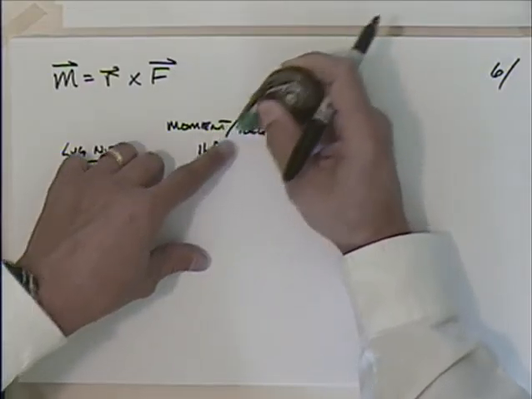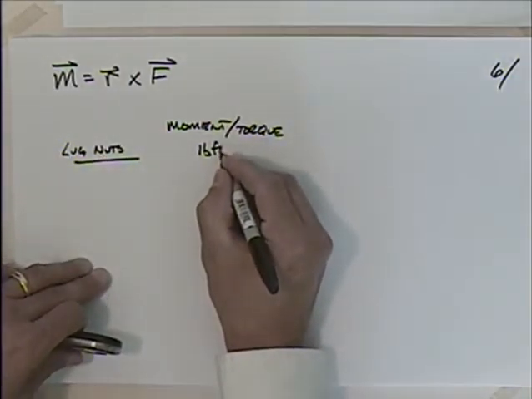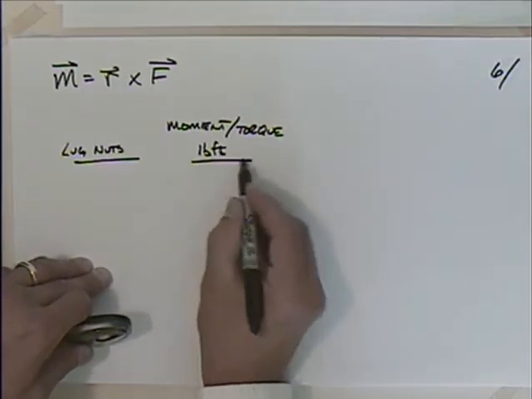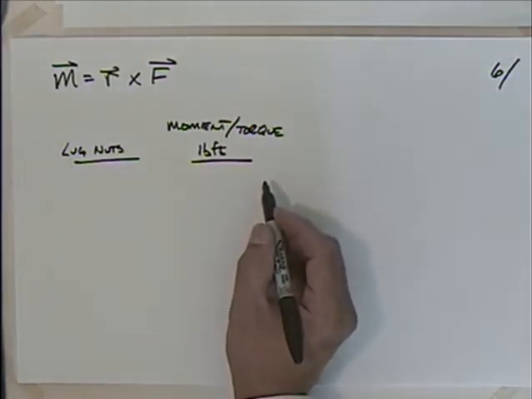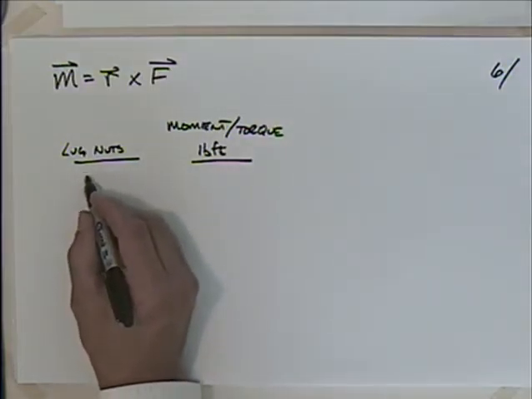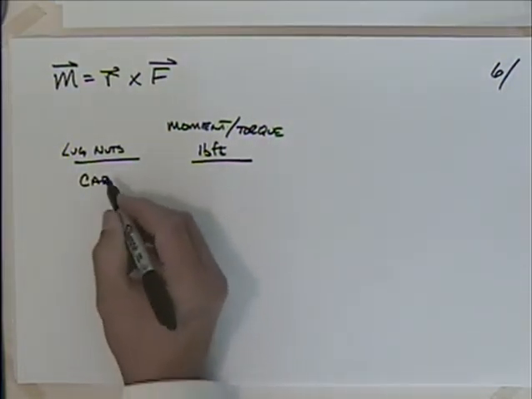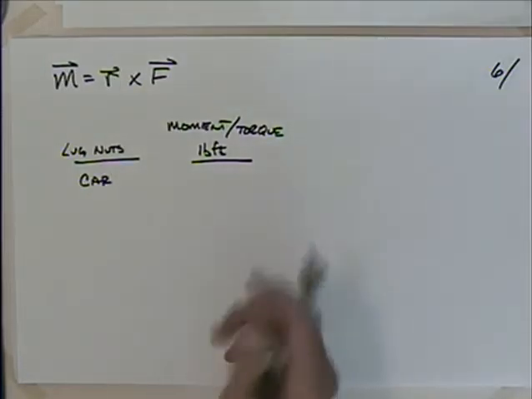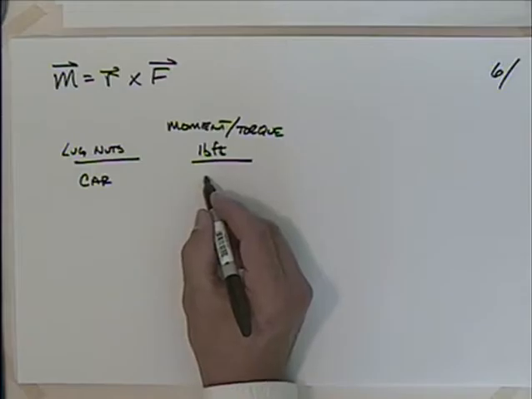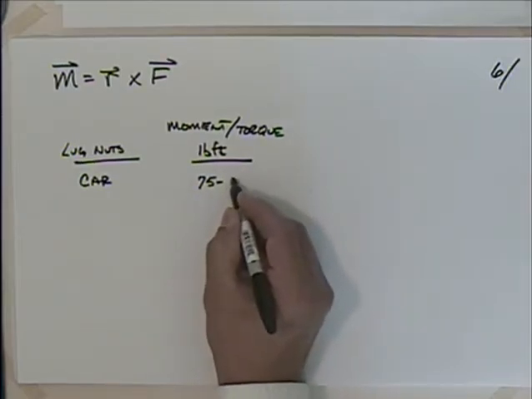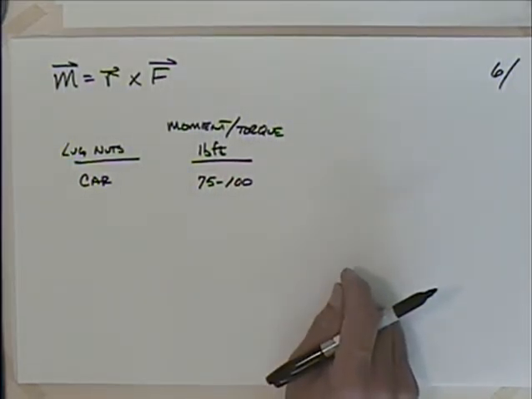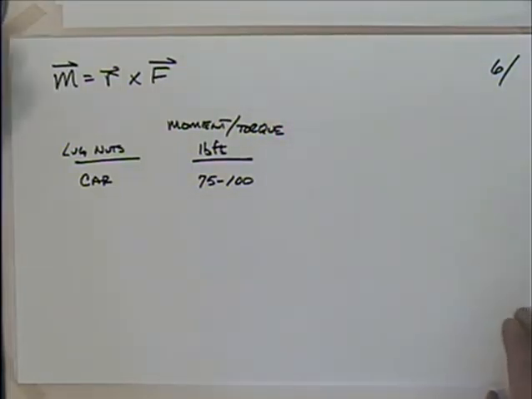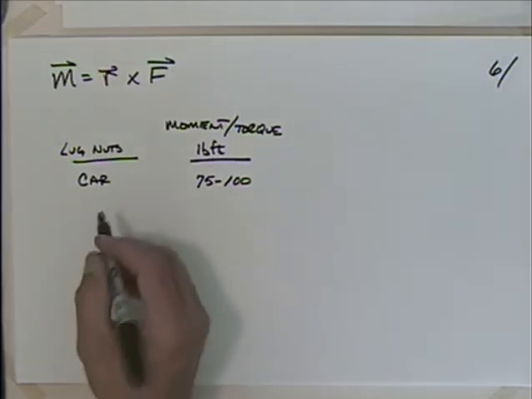Let's say that we have a passenger car. You could probably look it up in your owner's manual. If you ever change the tire, you should look it up. How much pound-foot? Probably somewhere about 75 to about 100 pound-feet of torque. Again, you'd want to look that up. It's going to depend on how big the car is, how many lug nuts it has, and things like that.